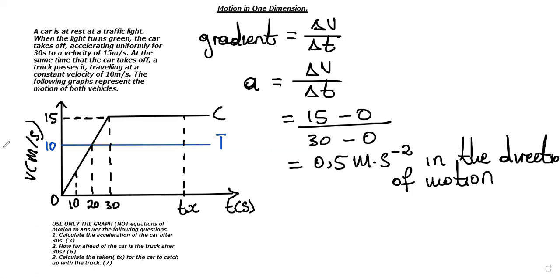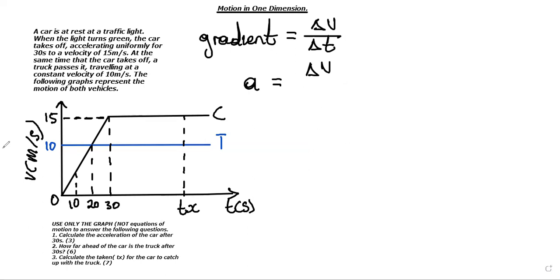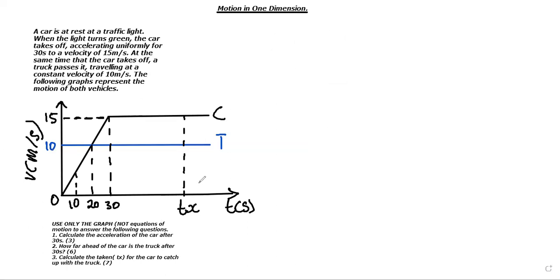And then the next question says, how far ahead of the car is the truck after 30 seconds? So in other words, what is the distance between the two vehicles if the truck is ahead? Do you see that? So the first thing we must do here is to calculate the distance, which is the displacement because it's motion in one dimension.